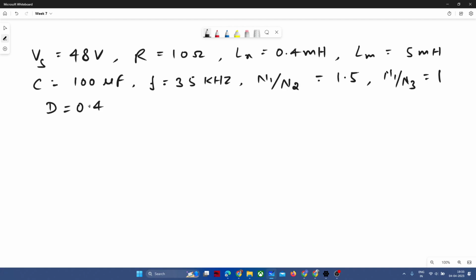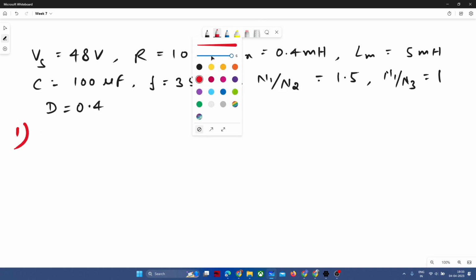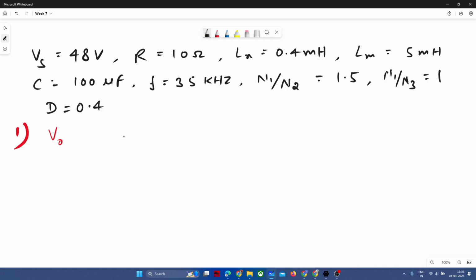We need to find out the output voltage first. In the first part we need to identify V naught. So V naught, we have derived with the volt second equation: V naught by Vs is equal to, just like a buck converter, factor D into turns of output side divided by turns of input side, right?